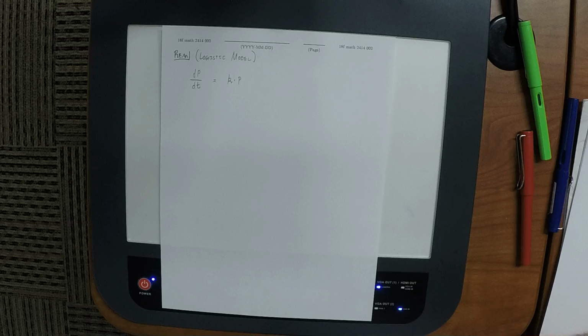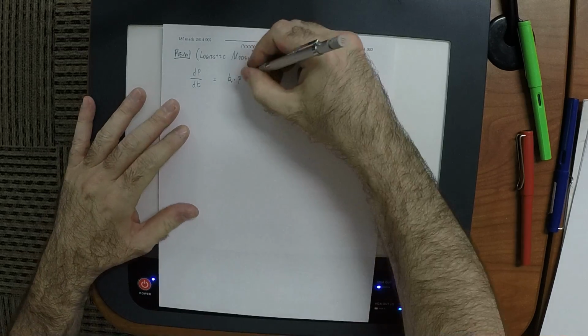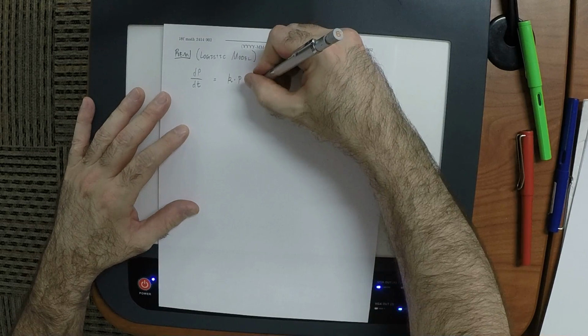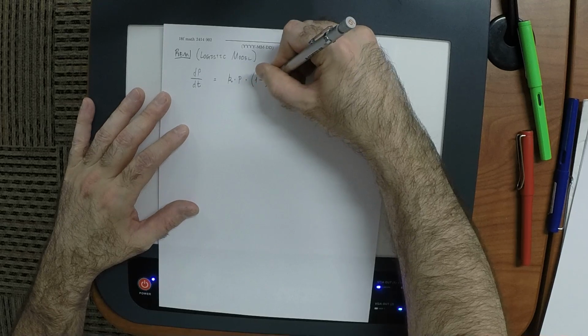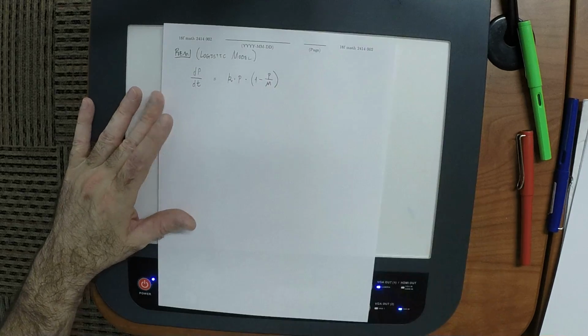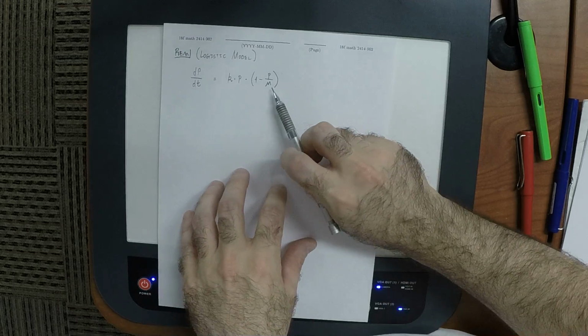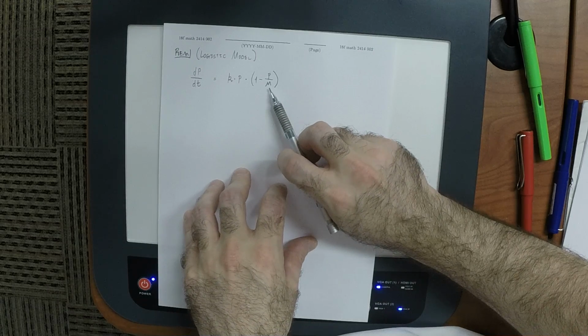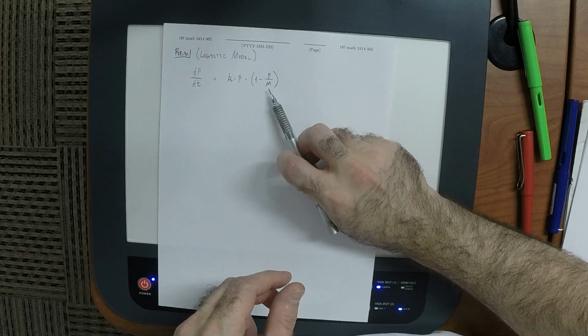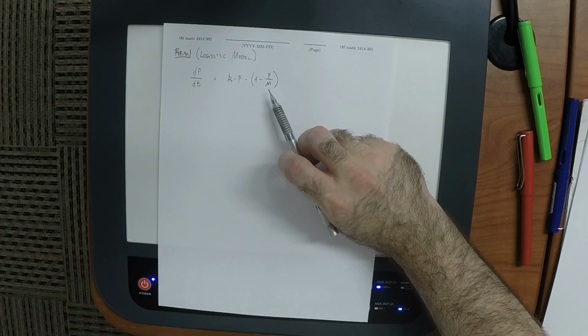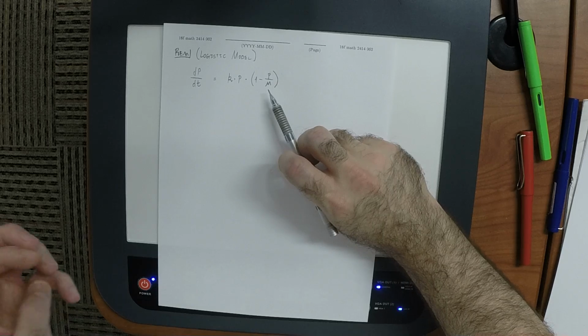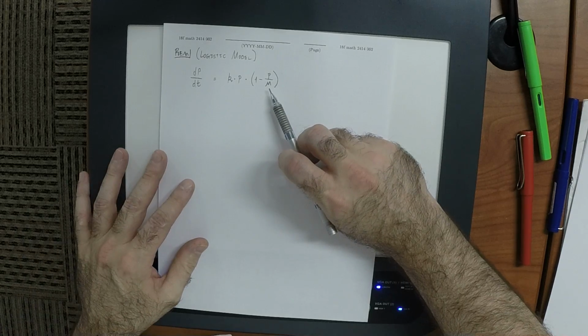And moreover, we also want it to be proportional to 1 minus P over M. Now, M you might conceptually understand to mean the carrying capacity, like how many individuals the environment can support.